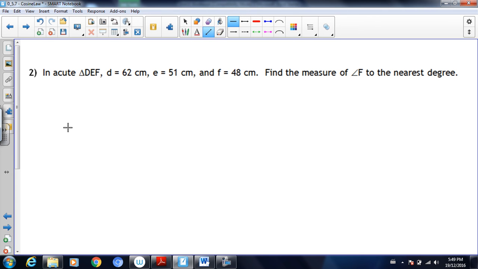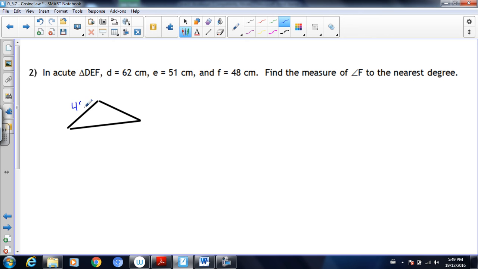We have a triangle right there, and let's label our sides. Let's say this is 48, which means this is side f. We have side d, which is 62, and side e, which is 51.